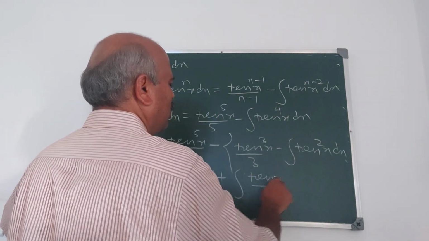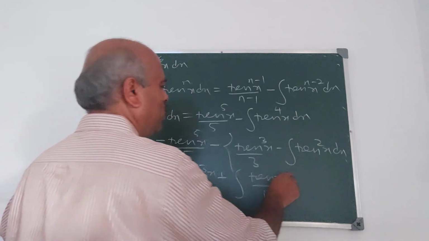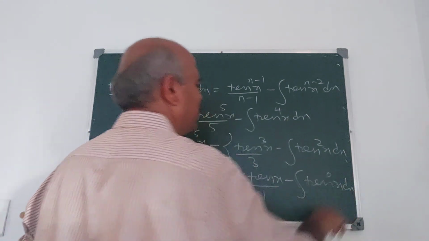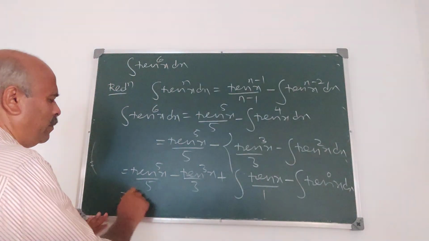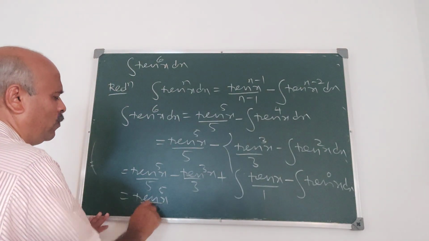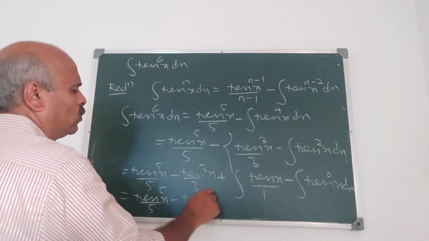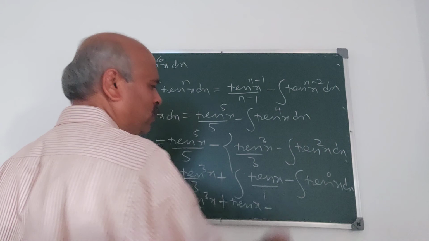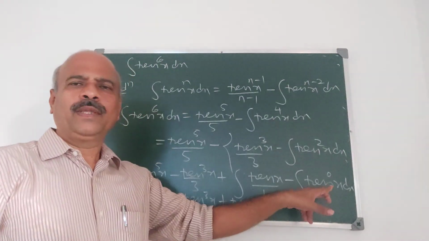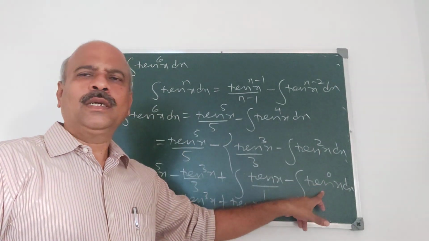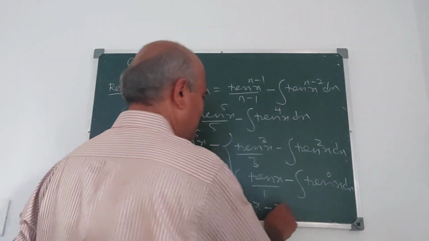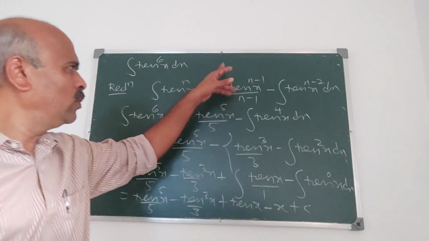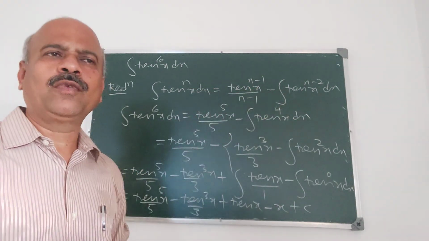Plus tan x upon 1 minus integral tan x raised to 0 with respect to x. Therefore tan x raised to 5 upon 5 minus tan cube x by 3 plus tan x minus, what is tan x raised to 0? It means 1. Integral of 1 dx is x plus c. This is how you can use this reduction formula.